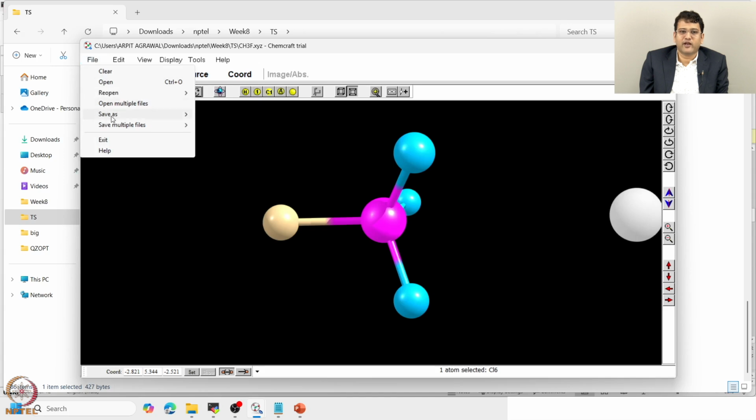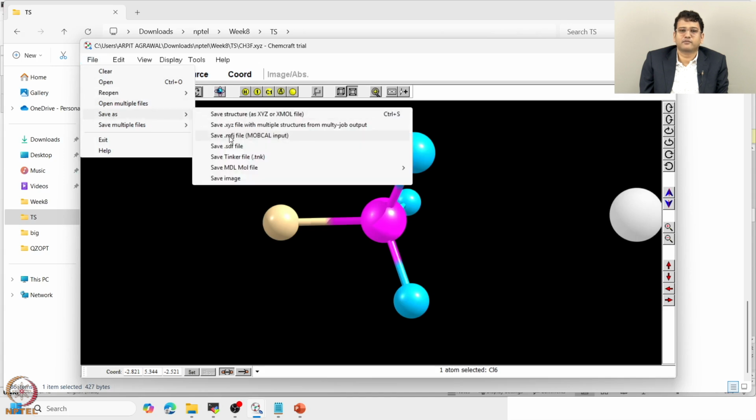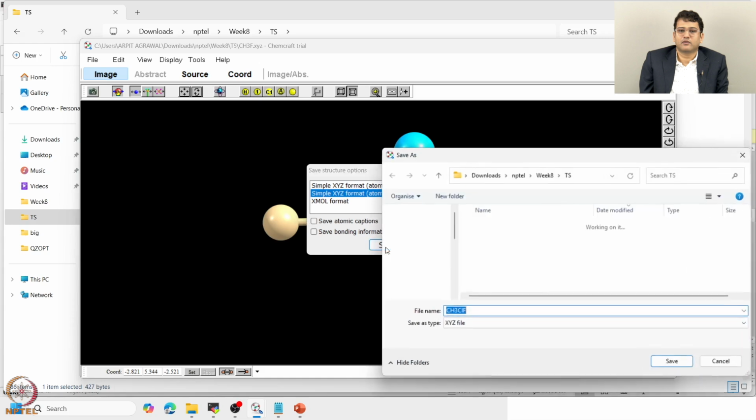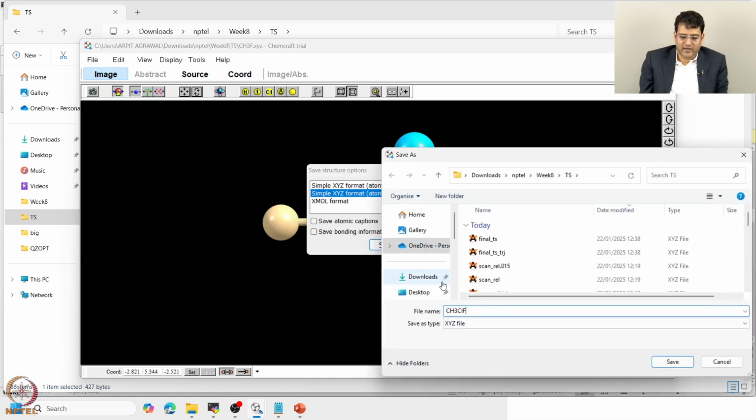Of course, I have to optimize it. So, I save structure as my XYZ. So, now I will directly write it as reactant dot XYZ.